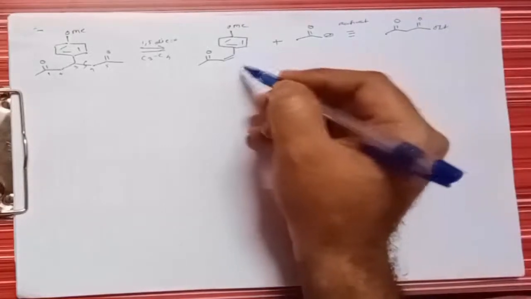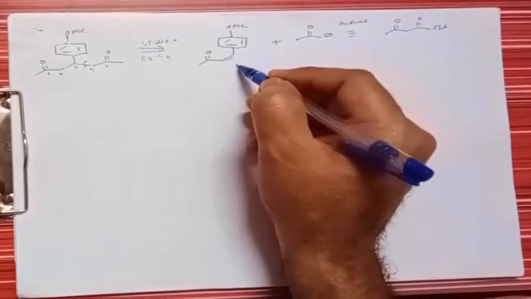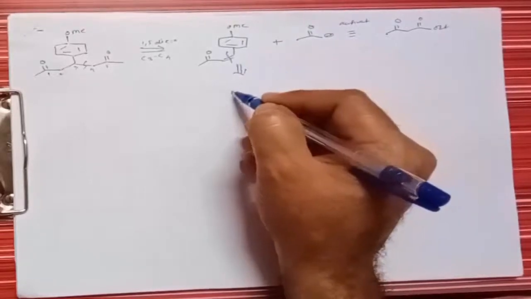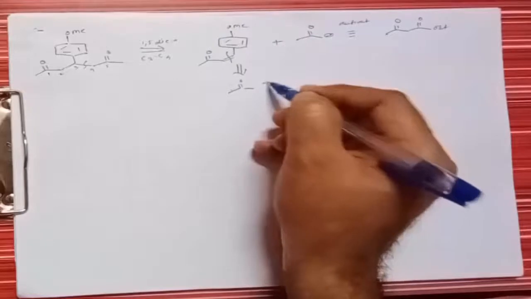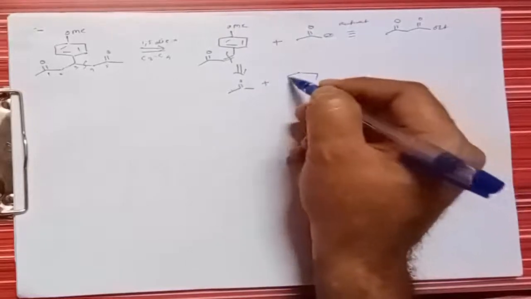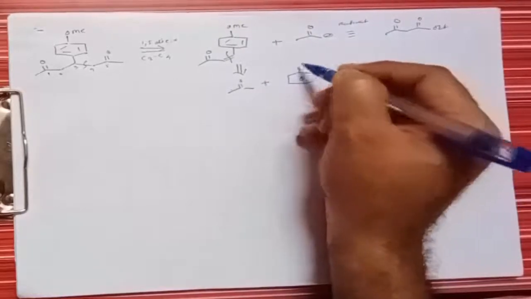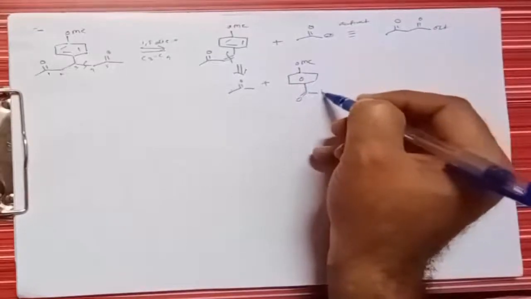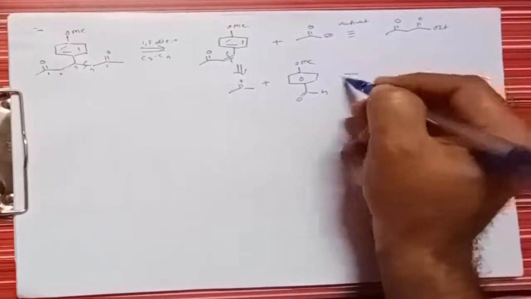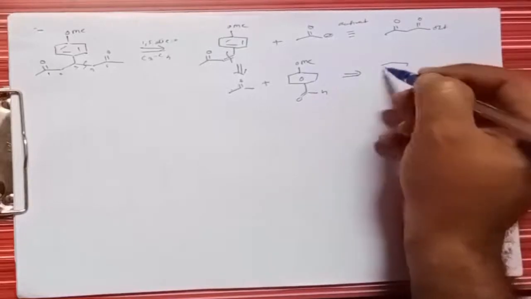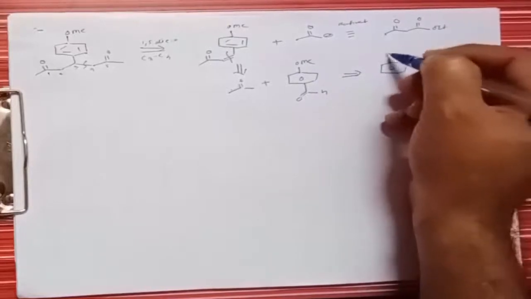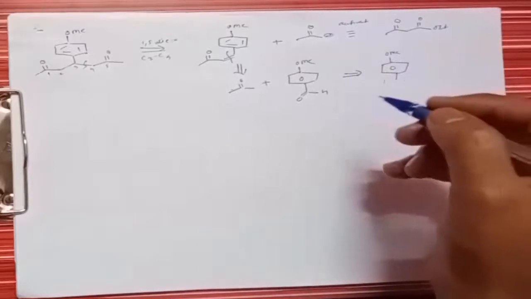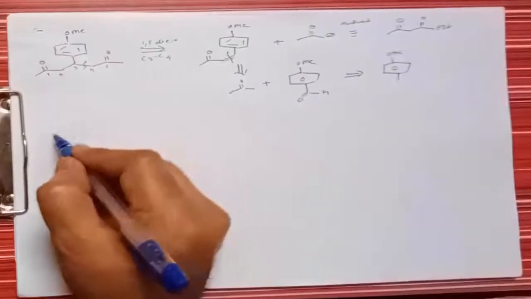So again this is an alpha beta unsaturated system. We can break this bond at this position and it gives formation of a ketone, along with para-methoxybenzaldehyde, right? Para-methoxybenzaldehyde can be easily prepared from para-methoxytoluene, right? So by using chromium chloride we can prepare this molecule.